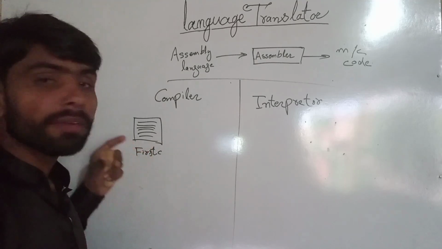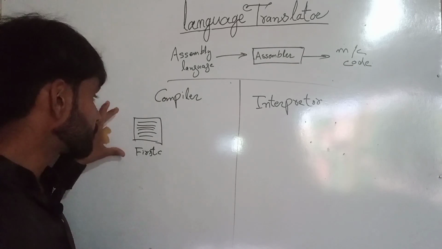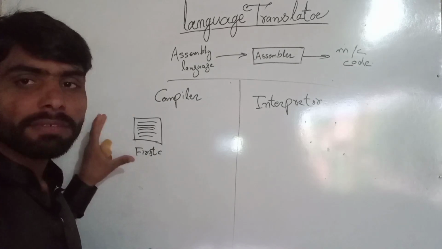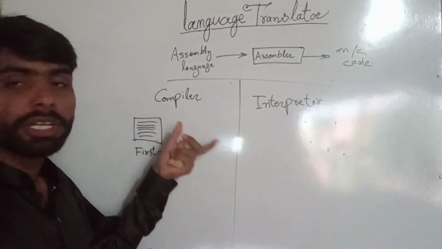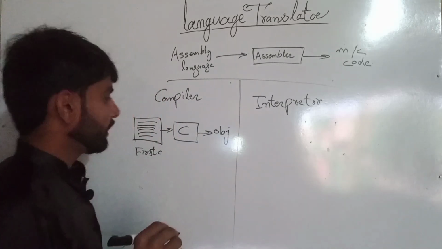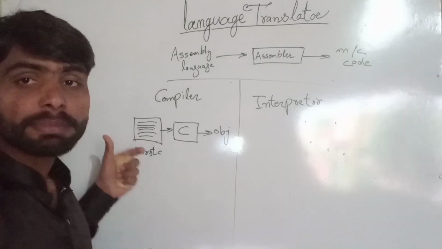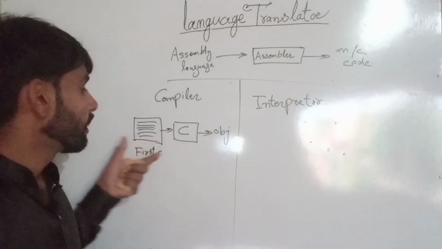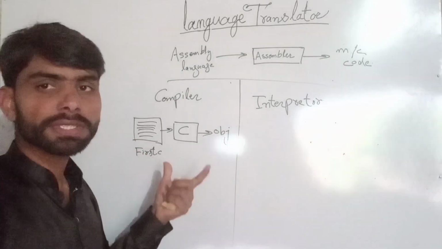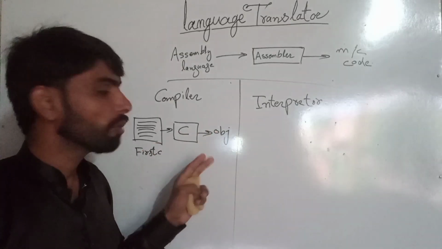What will the compiler do? The compiler will take all statements and convert them into object code. It doesn't matter how many statements, 100 statements or 1000 statements, it will take all of them and convert them into object code.